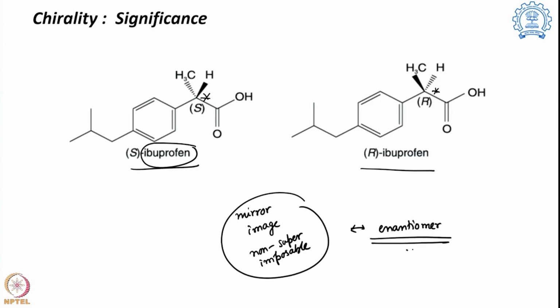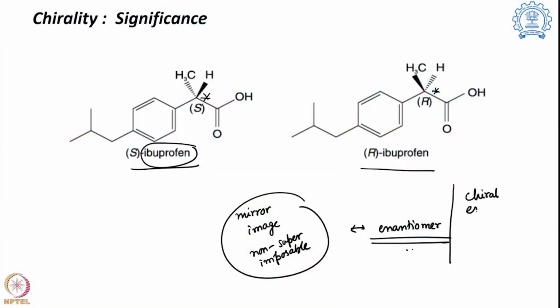And these two enantiomers, although their physical properties are very similar, in a chiral environment they can be different. We have to remember that we can have these two enantiomers where all the other physical properties might be exactly same, their appearance, boiling point, they can be actually same.